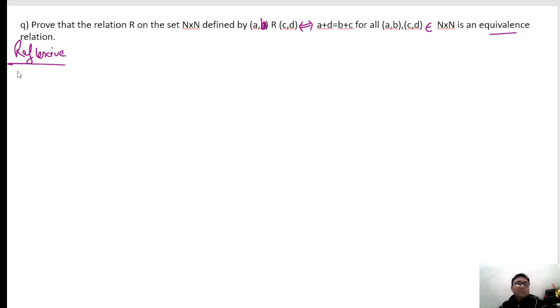For reflexive, we have to take the same thing on both sides of R. Okay. So see how they are choosing. A will be chosen with B and B will be chosen with A.